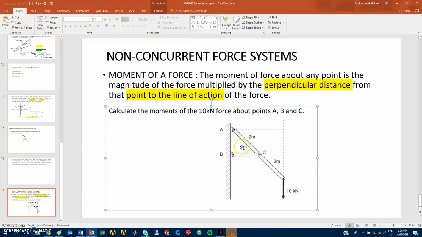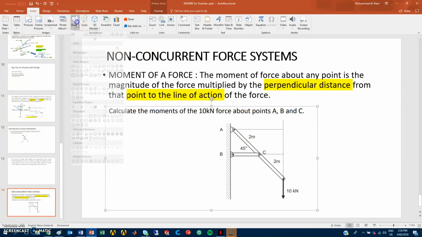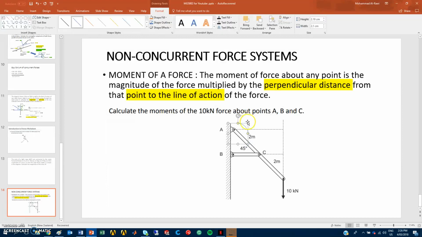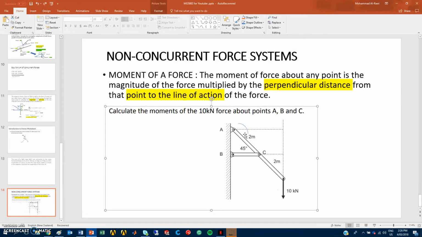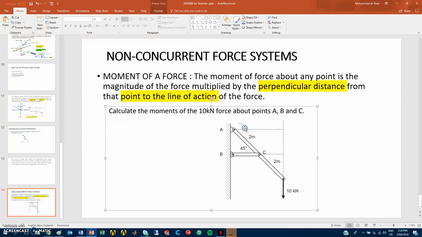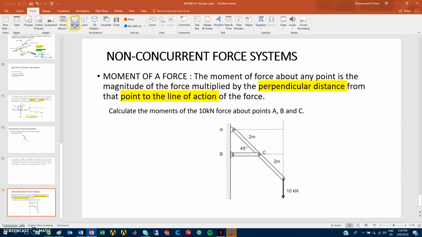Since this is 45 degrees, definitely this one in that direction will be 45 degrees. So I'll write this angle. I just needed a box so I can write the angle.